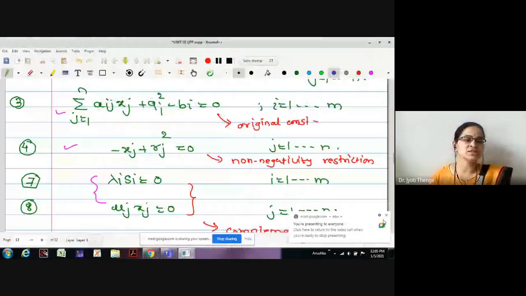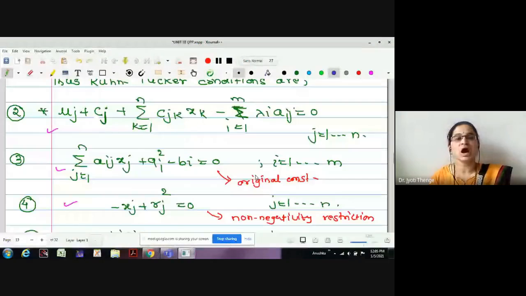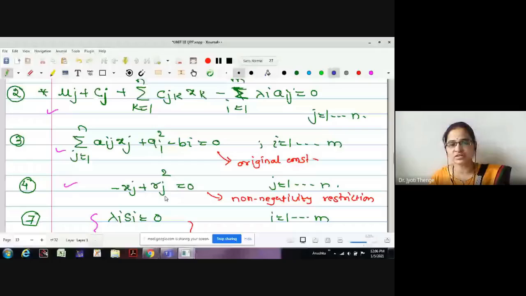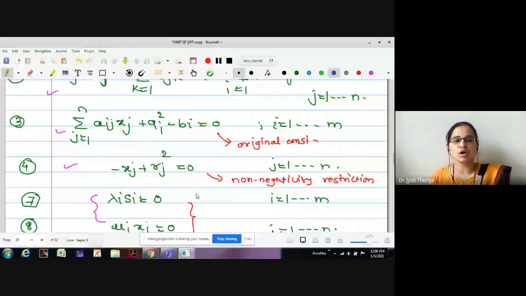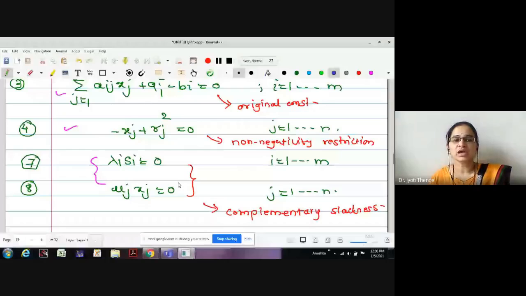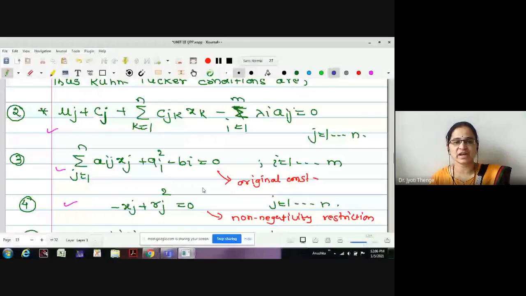The conditions we have obtained by 2, 3, 4 are linear equations in the variables, except conditions 7 and 8. Therefore, the problem is now equivalent to solving equations 2, 3, 4, 7 and 8.